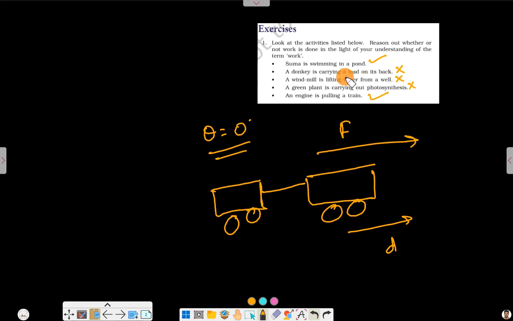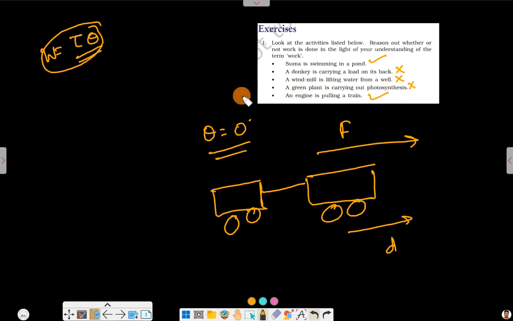Like for this windmill, there will be work because there is torque acting on it and there is theta displacement. So there is work depending upon which situation he has considered. The answer will vary. Like for photosynthesis, if we look externally, there is no displacement, so there will not be work done.